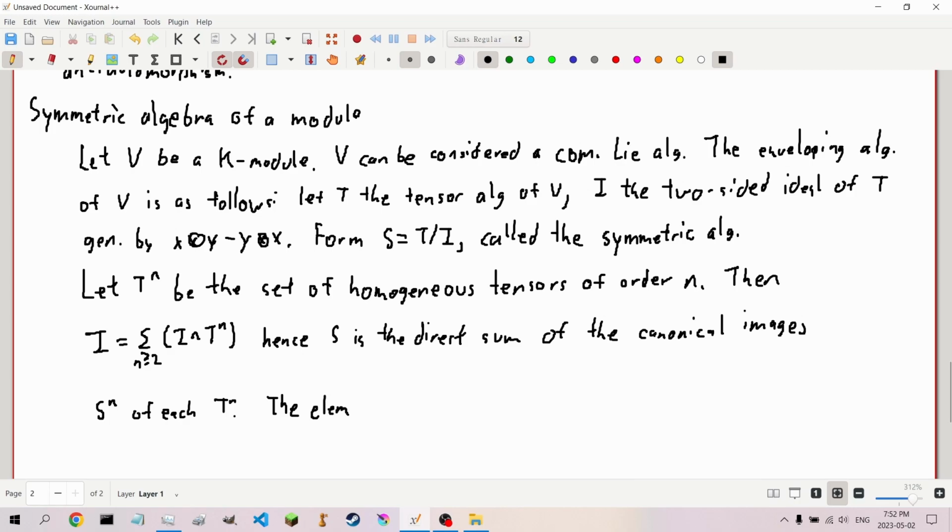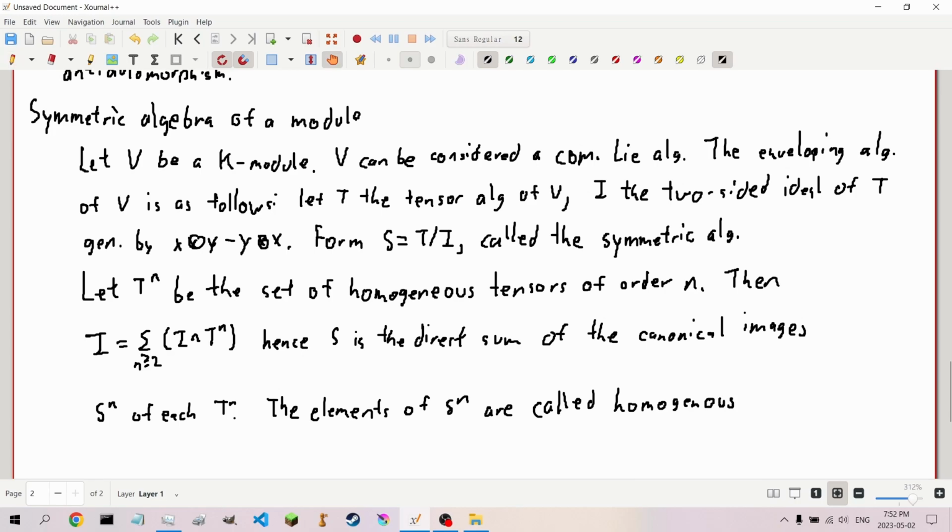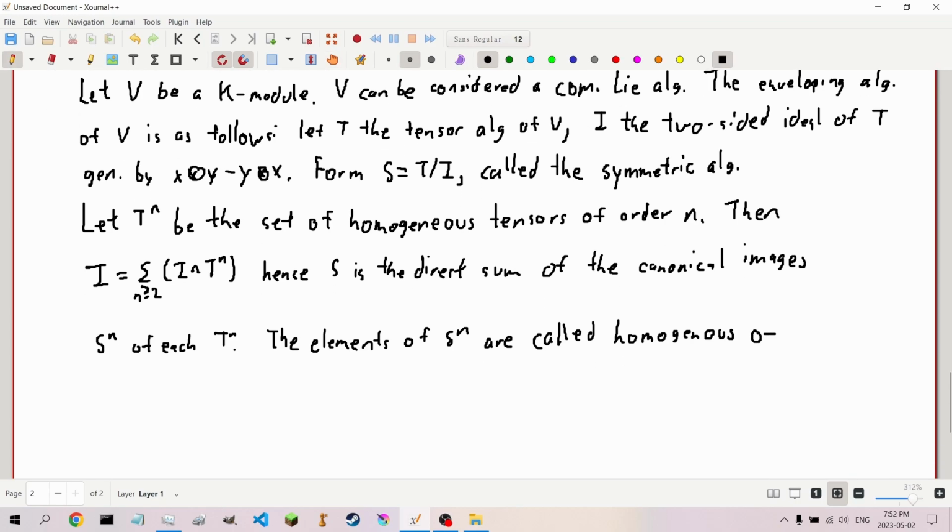The elements of each Sn are called homogeneous of degree n.